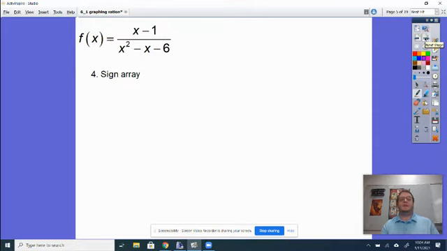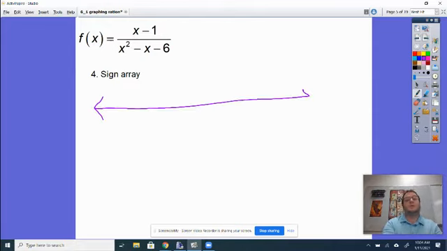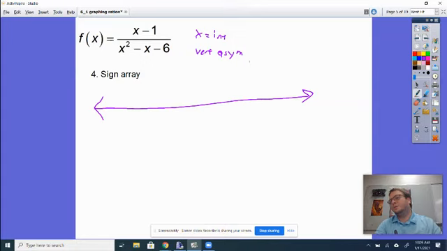Sign arrays are the most complicated part. Interesting things happen at x-intercepts and vertical asymptotes, so I'm going to put all of those on my sign array.